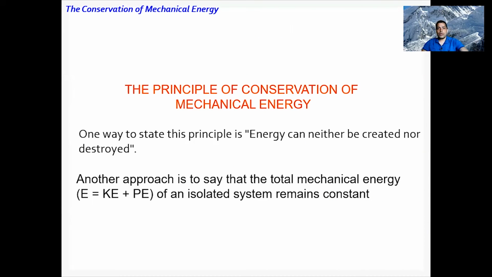Okay. Now in this slide, we'll be talking about the conservation of mechanical energy. As I said earlier, what is mechanical energy? Mechanical energy ME equals KE plus PE. So what does the conservation of mechanical energy tell you? Energy can neither be created nor be destroyed.